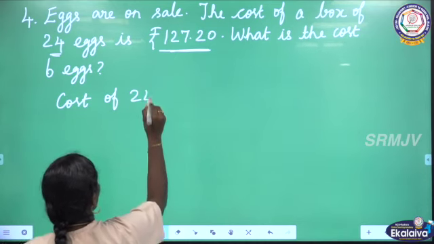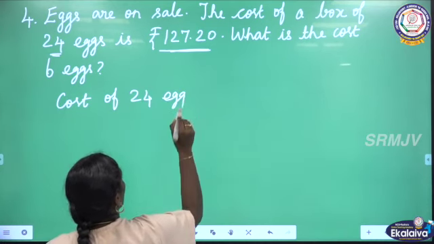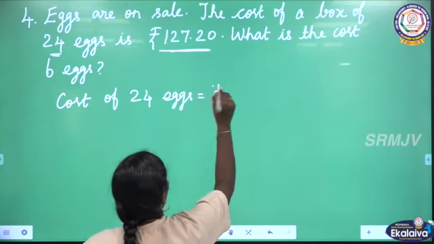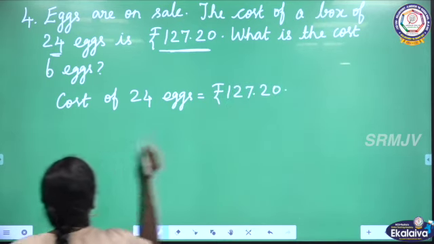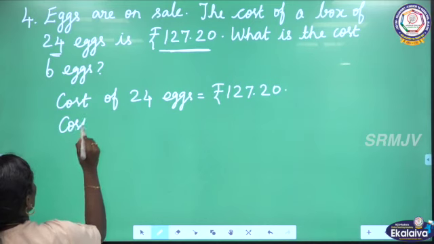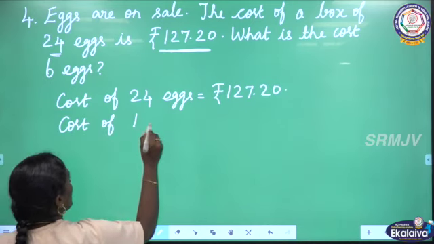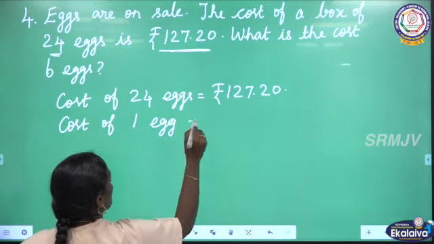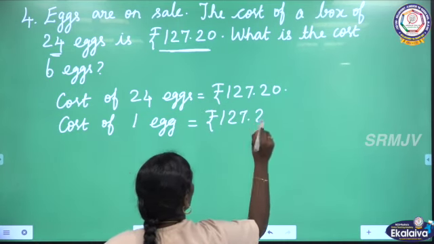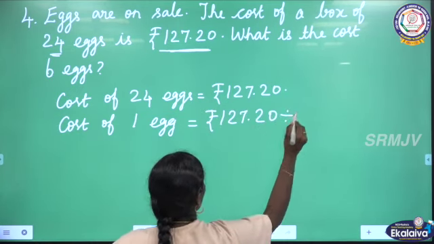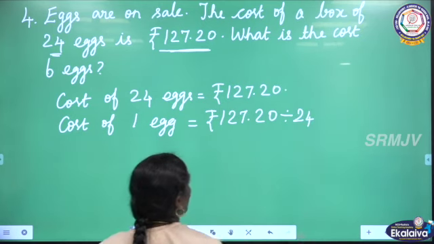Cost of 24 eggs is given, rupees 127.20. Now we have to find the cost of 1 egg by division. 127.20 divided by 24.